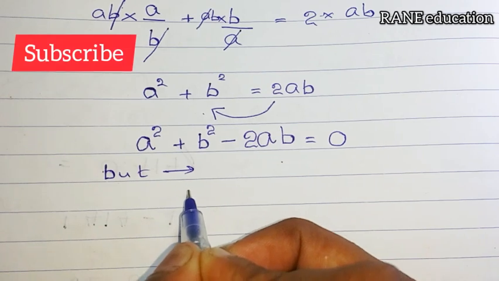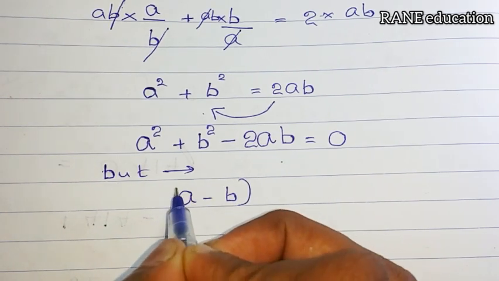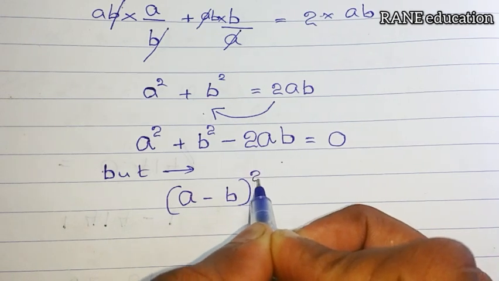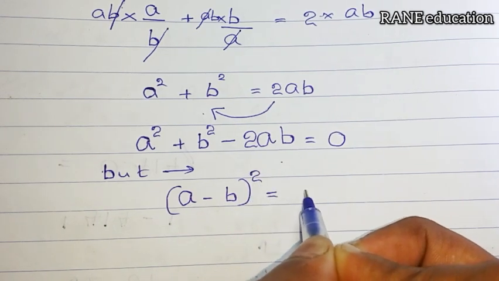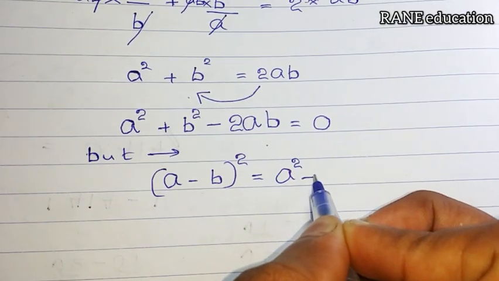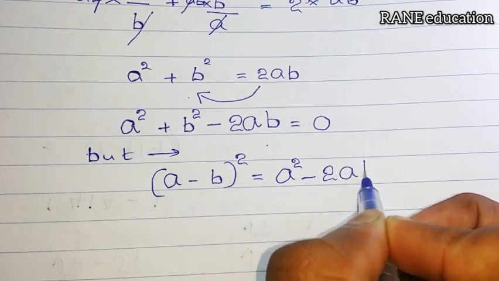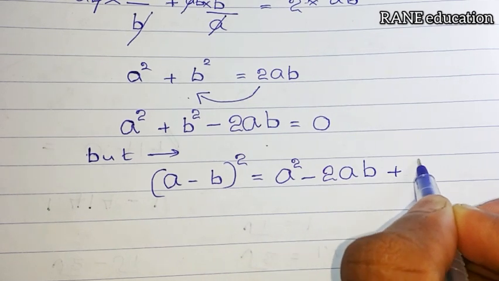But you know (a minus b) whole squared is equal to, and we can write it as, a squared minus 2ab plus b squared.